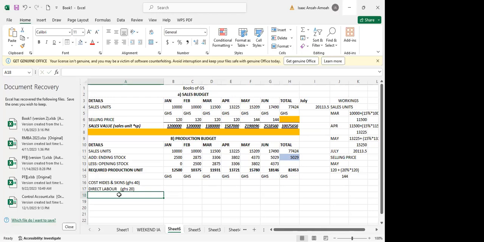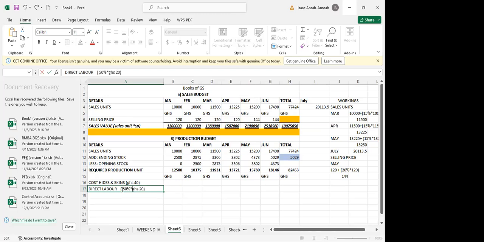So if you multiply, let me just work it out here. So 50% multiplied by 40 gives us this. All right. So when it comes to overhead, fixed overhead cost is also 30% of 40. And that gives Ghana cedis 12.